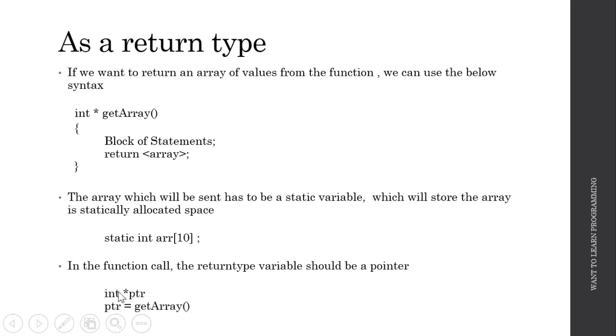That is, int star pointer, and pointer is equal to get array. While passing the array, we'll have to assign it to a pointer variable of the same kind. The array which will be sent back is an integer array, so here the pointer's data type will also be an integer.